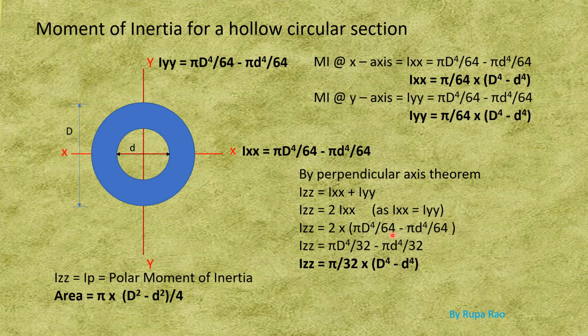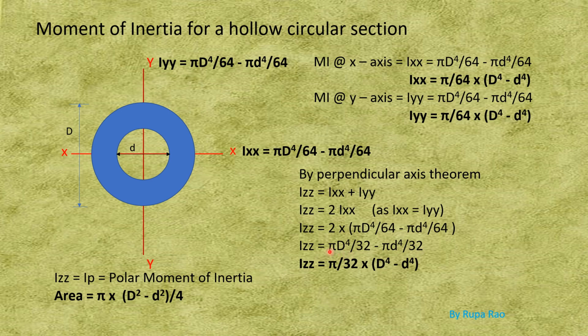Here this is 2 and 64. When I cancel it, this becomes 32. So pi capital D raised to 4 divided by 32 minus pi small d raised to 4 divided by 32. When I take this 2 inside the bracket, this is what I get.